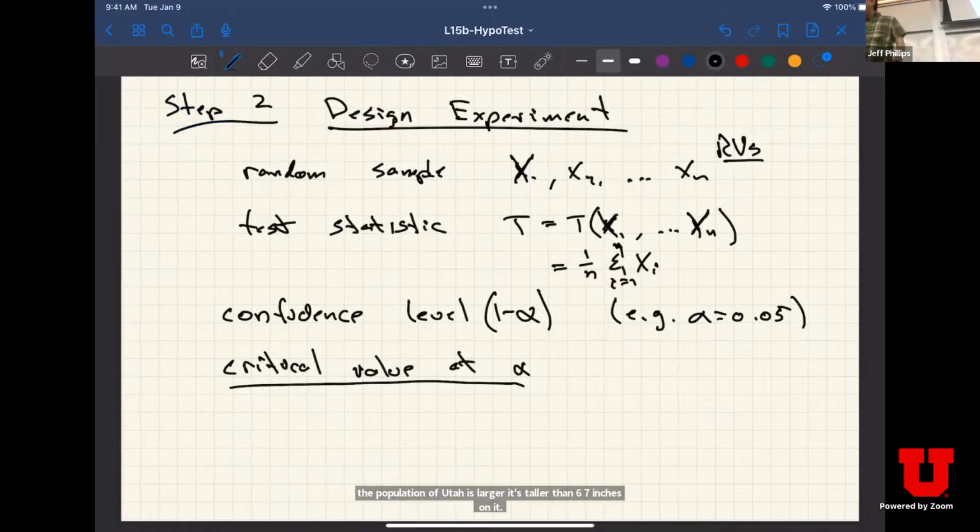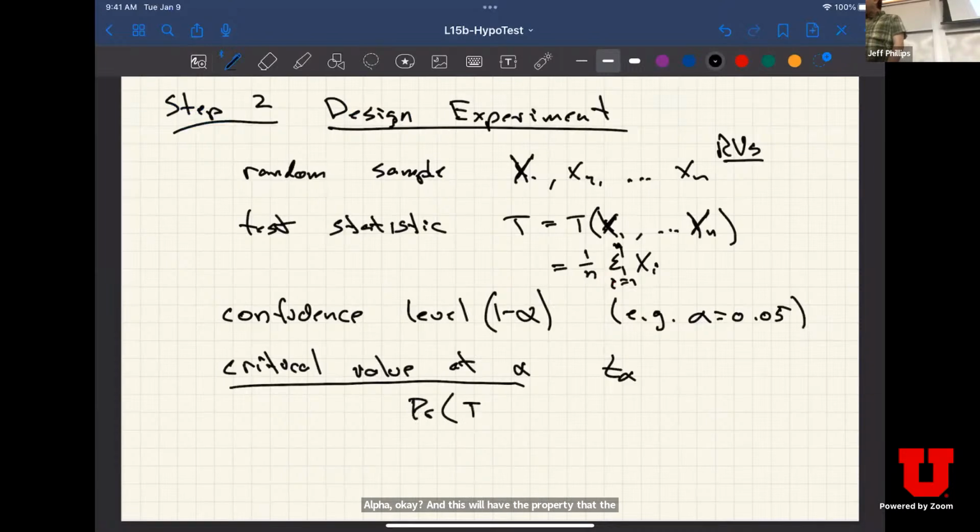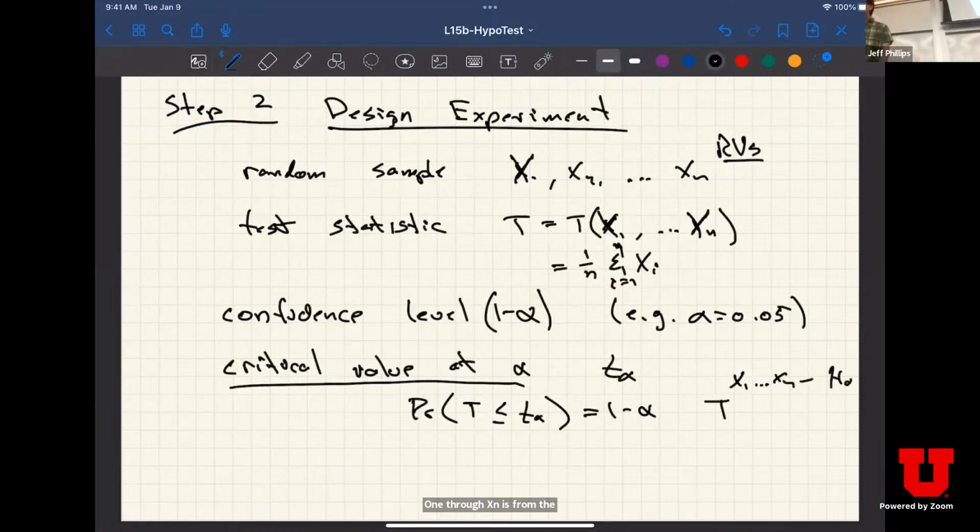Okay, so this is a value we're going to call T alpha. And this will have the property that the probability that my test statistic is less than or equal to T alpha is equal to 1 minus alpha, assuming that X1 through Xn is from the null distribution.